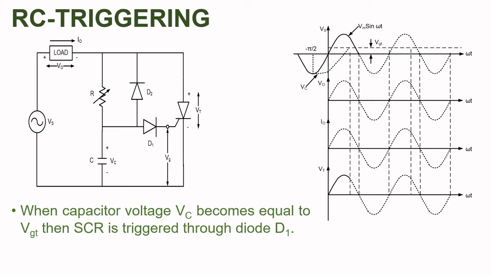When the capacitor voltage Vc becomes equal to that of the gate trigger voltage Vgt or the gate threshold voltage, then the SCR is triggered through diode D1. The movement of the dot shows the path of the triggering current.